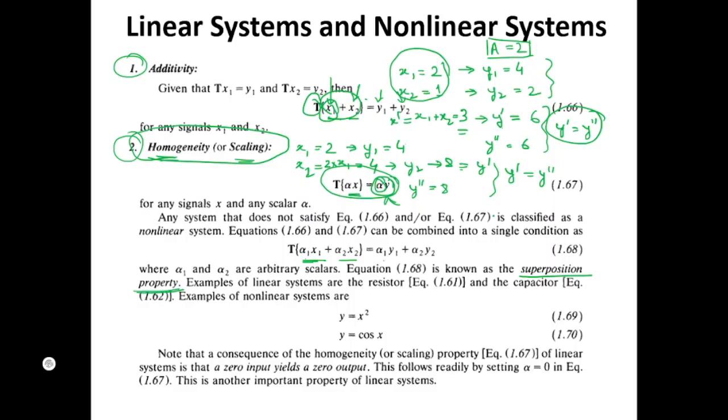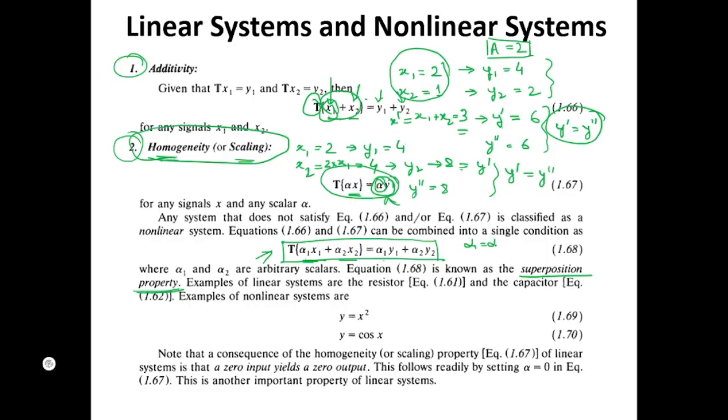So when we combine these two, we get this superposition property. Okay. So if your system follows this additivity and homogeneity, then we call it a linear system.